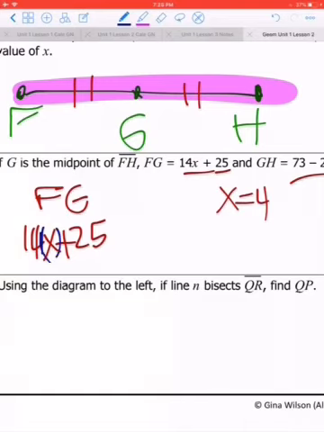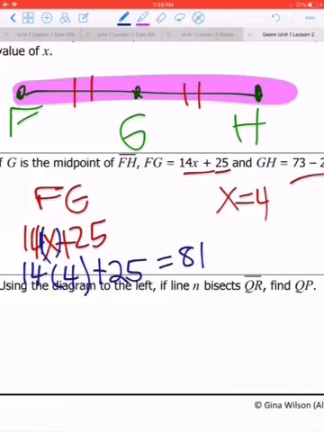Okay, that'll give us the length. So 14 times 4 plus 25. You can just plug that right in your calculator. 81. Okay, so I know that FG is 81.